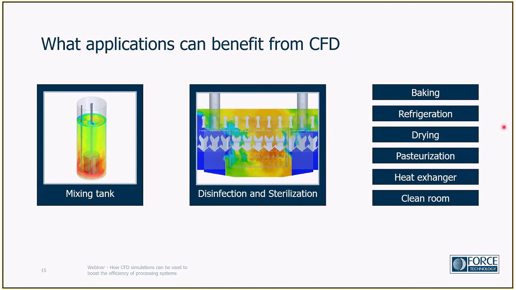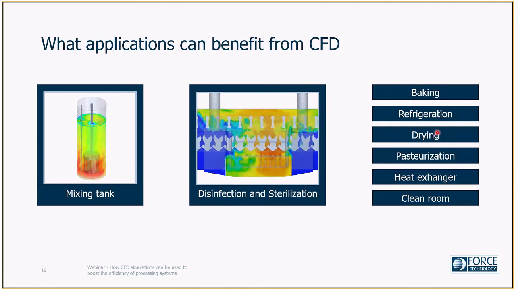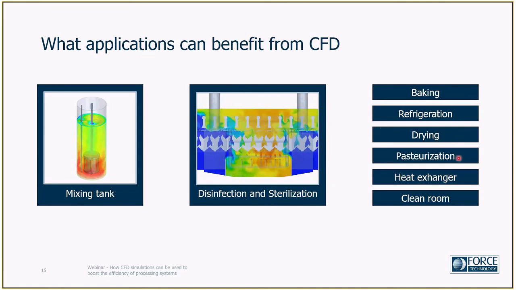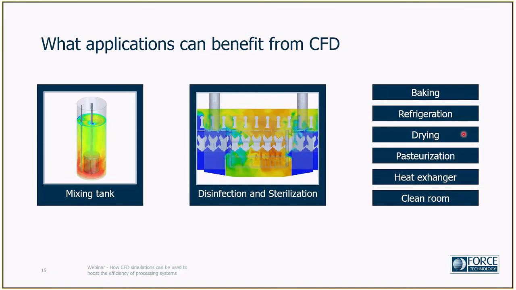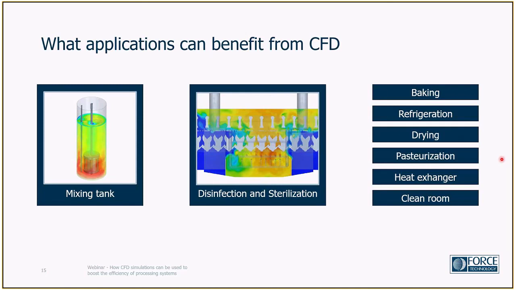Then we have drying, where it's well known that the drying efficiency is very dependent on the air velocity and the airflow, and it can be really difficult to measure during operation of a real system, since we need to install several sensors in different locations and also in different flow directions.